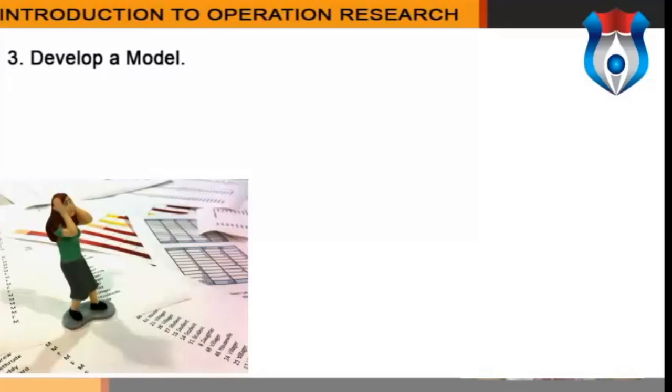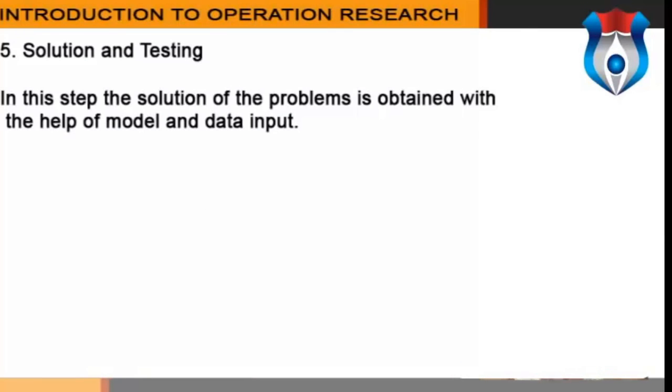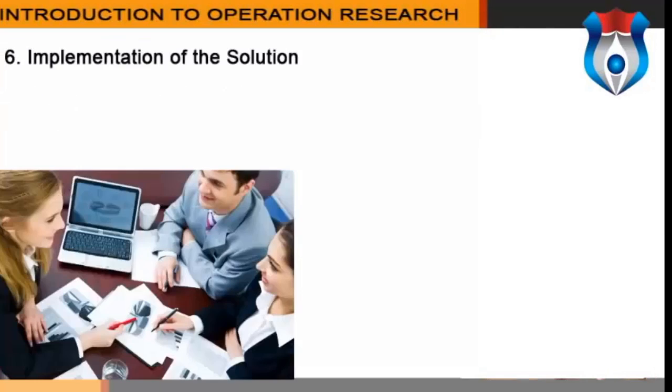Develop a model. The next step is to develop a model, which is a representation of some real or abstract situation. Selection of data input. It is an established fact that without authentic and appropriate data, the results of the OR models cannot be trusted. Solution and testing. In this step, the solution of the problem is obtained with the help of the model and data input.